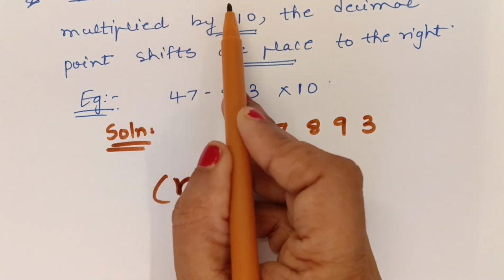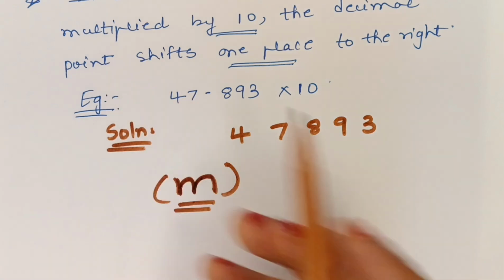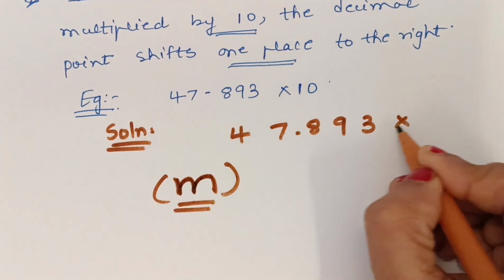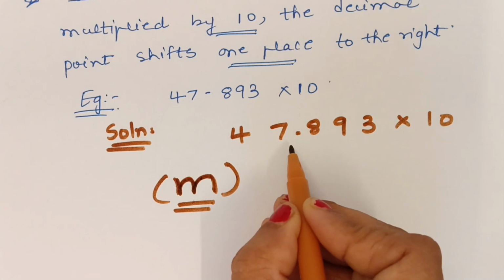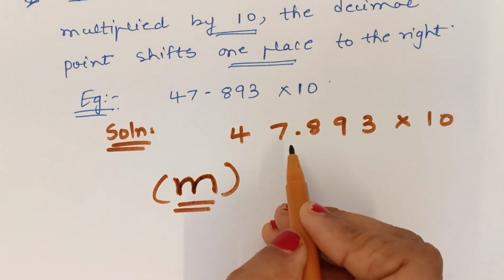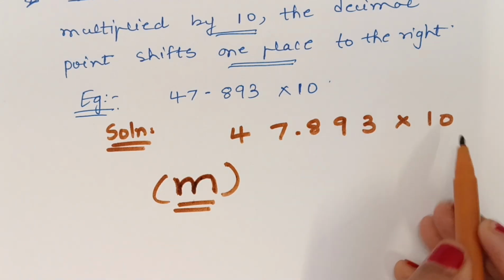Understand? If a decimal number is multiplied by 10, where is the decimal point over here? And how many places do you have to shift? Only one place, because the decimal number is multiplied with 10.